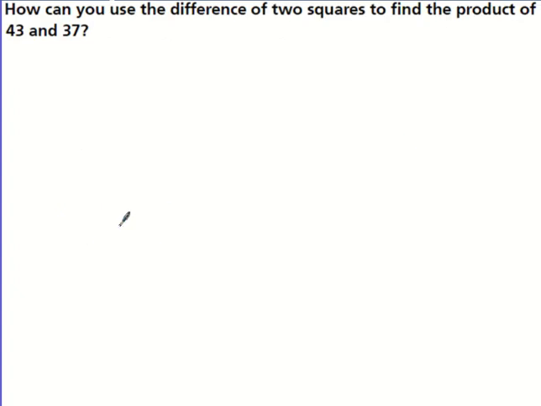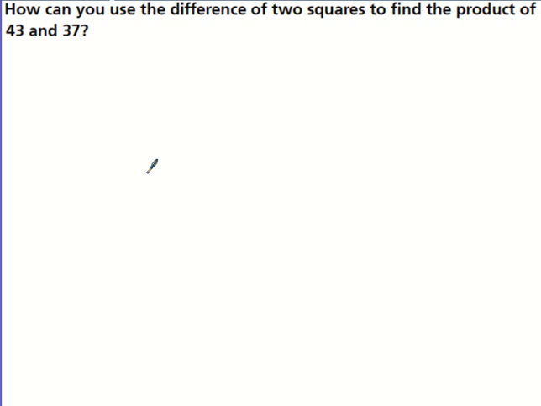So that gets us to this. It says, how can you use the difference of two squares to find the product of 43 and 37? So what we want is the same a and the same b. That's what we've been dealing with. And it says difference.